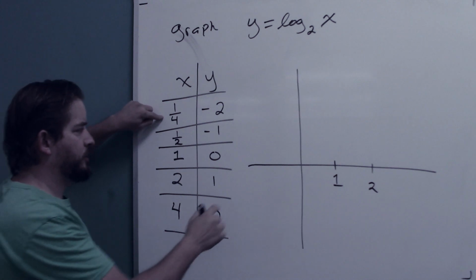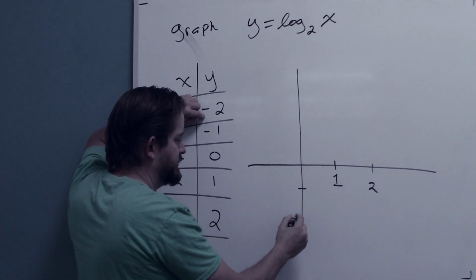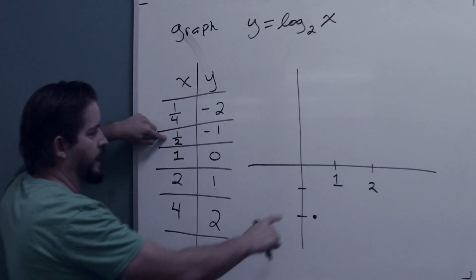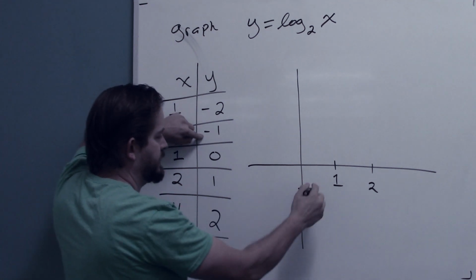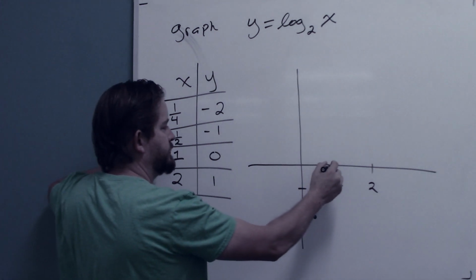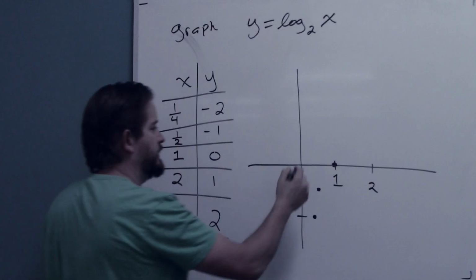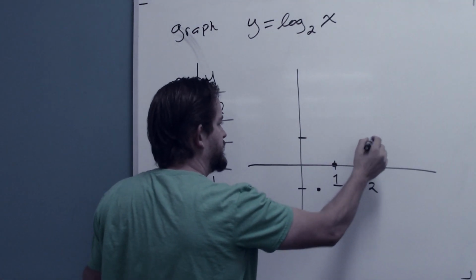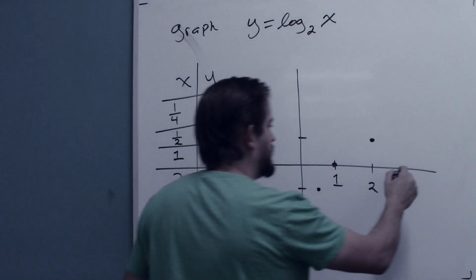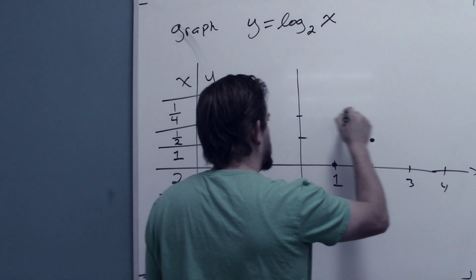But if x is 1/4, I'm just 1/4 of the way to 1, but y is -2, so 1, 2, maybe right there. If x is 1/2, so halfway to 1, y is -1. If x is 1, y is 0, so I go through there. If x is 2, y is 1. If x is 4, y is 2, so I keep going a little bit more, 3, 4, to get to there.